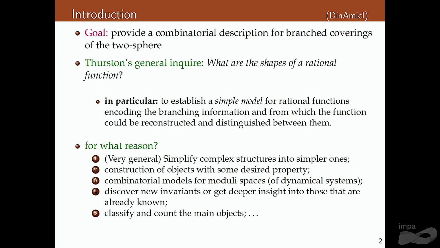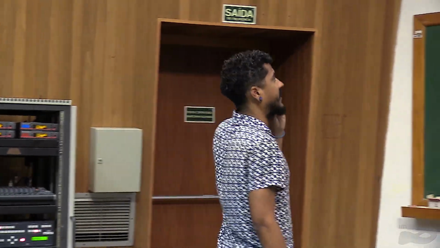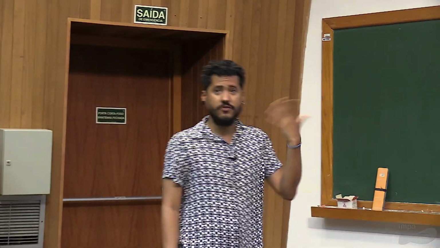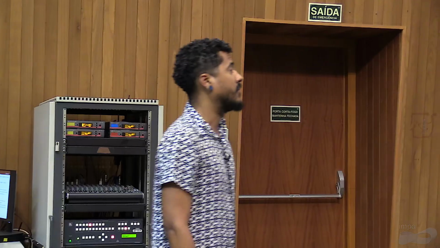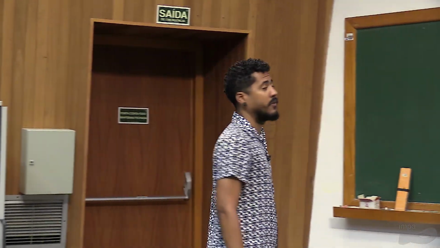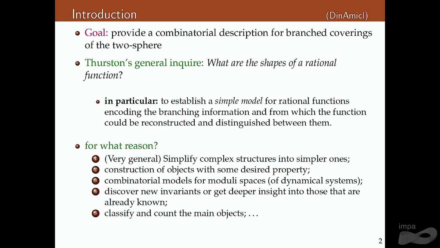A very general reason is to try to simplify a complex structure into simpler ones that encode the essential information of the object of the theory. Another one, very common in complex dynamics, is to construct objects with desired properties.